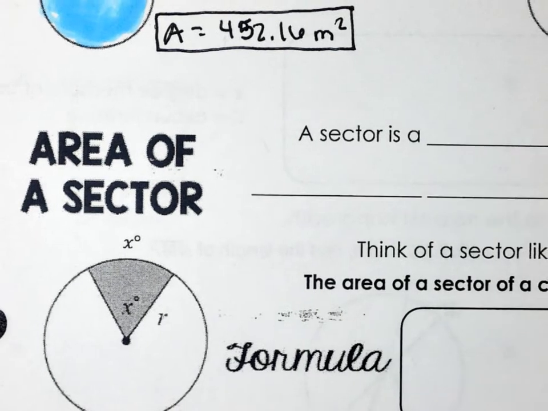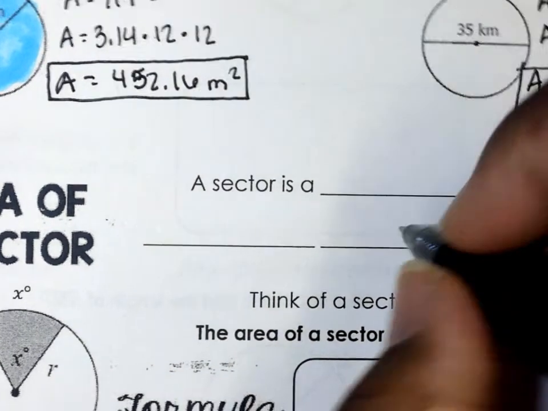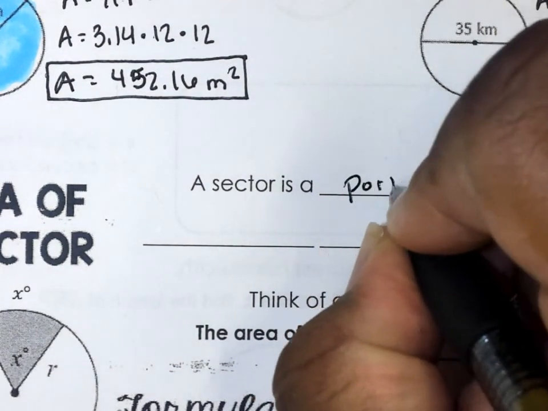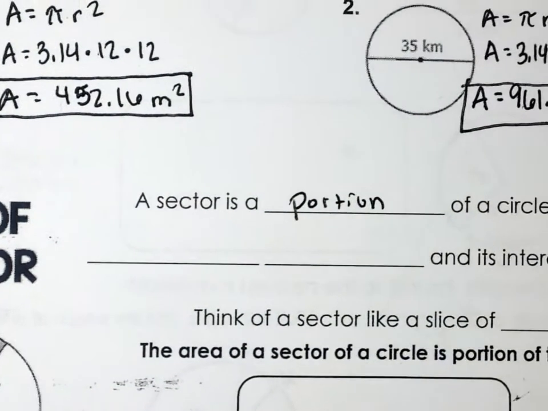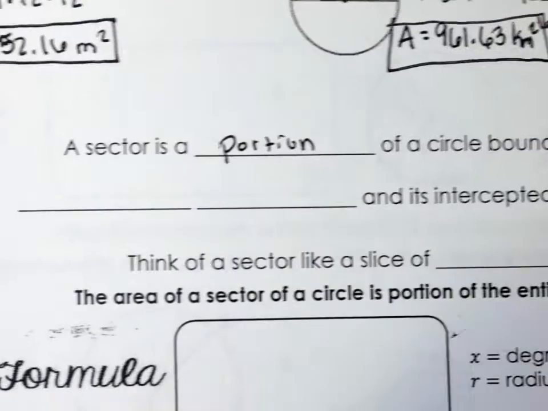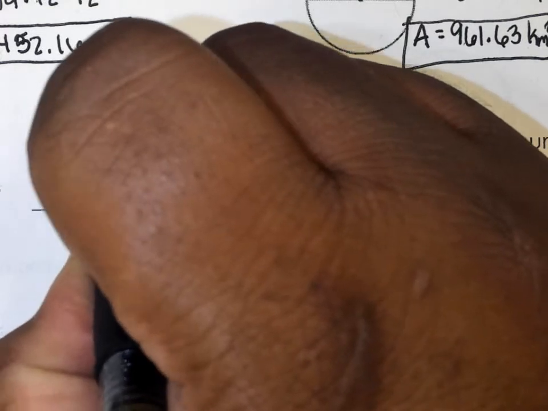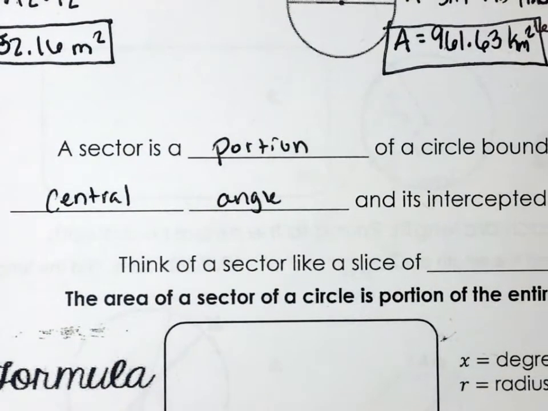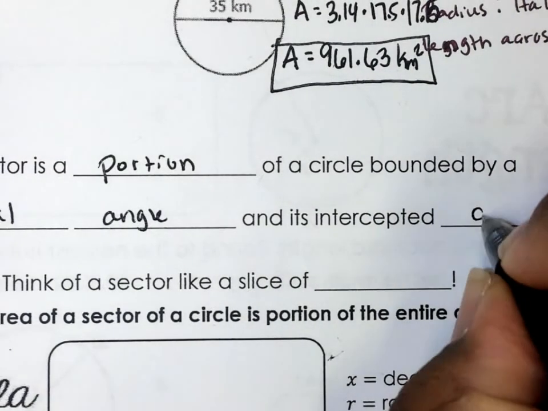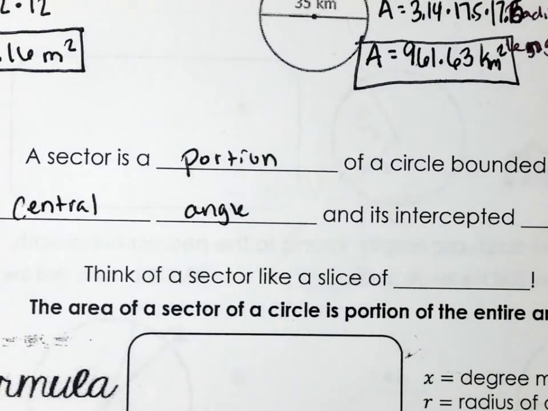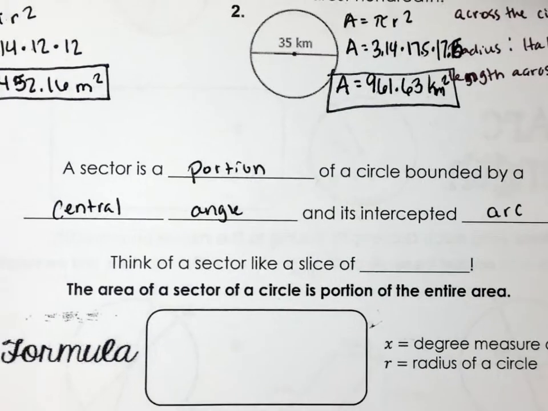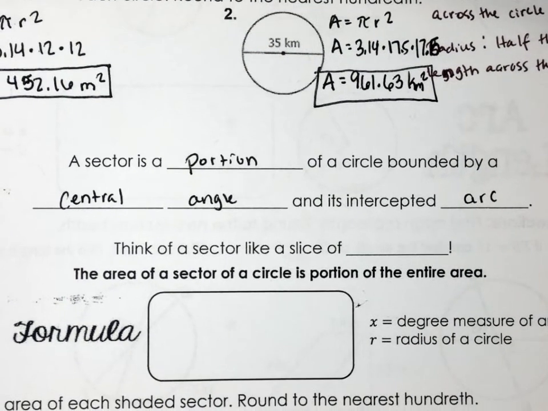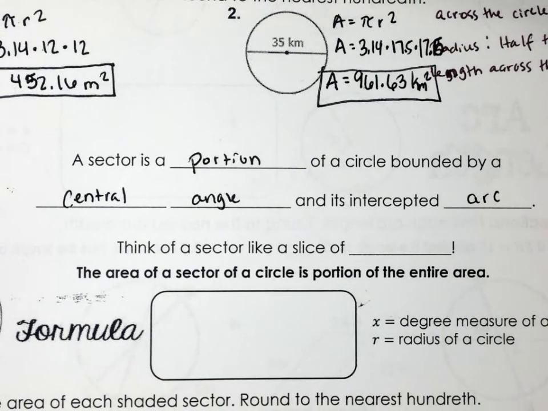Area of a sector, or a sector, is a portion of a circle bounded by a central angle and its intercepted arc. Think of a sector like a slice of pie or pizza.